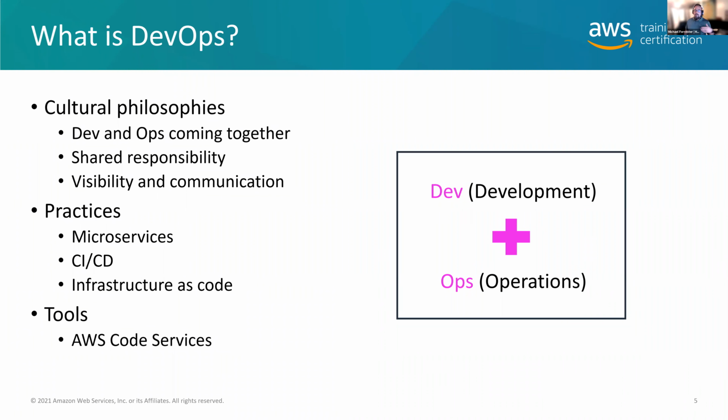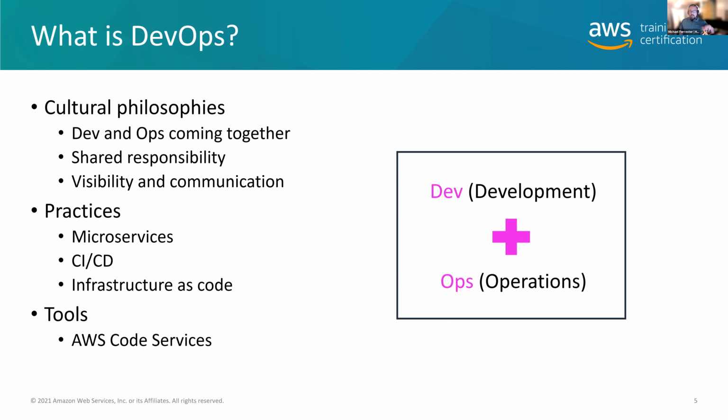That does require a lot of visibility, communication, and transparency. But at its end, it's really about removing any barriers on people, any barriers on process, and any barriers on technology that prevent you from delivering swift and compliant software. Notice I said compliant. Microservices, infrastructure as code, and CI/CD are all part of it.